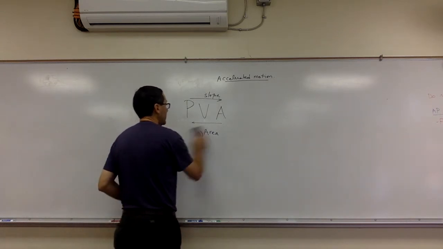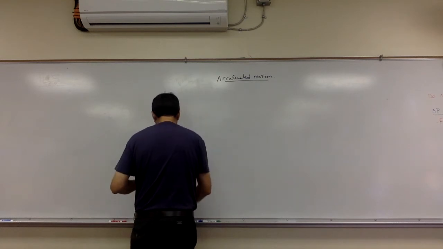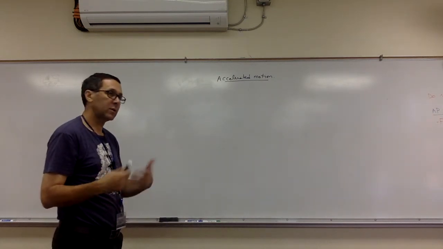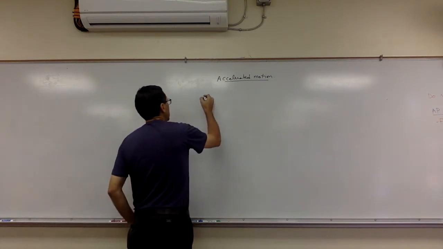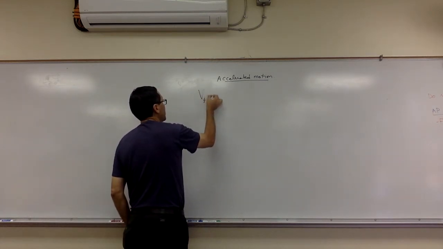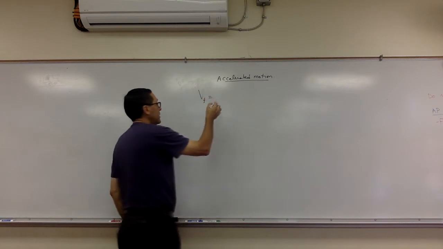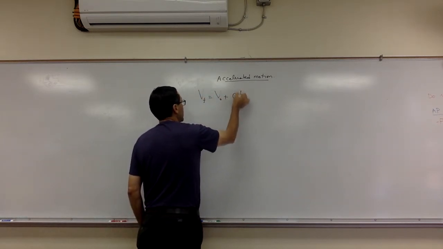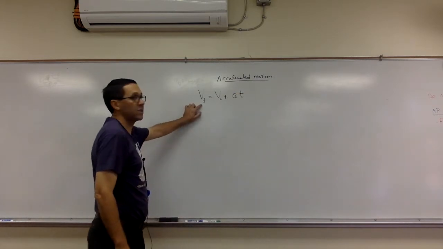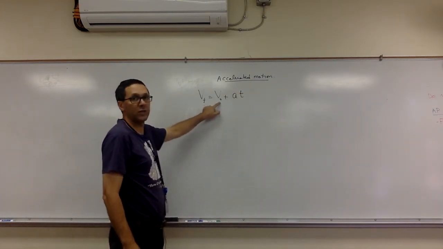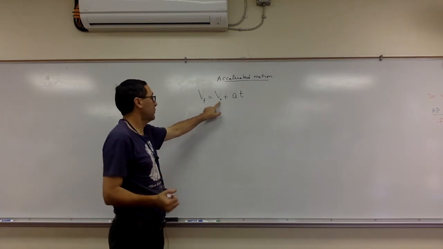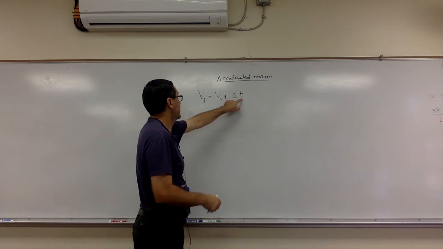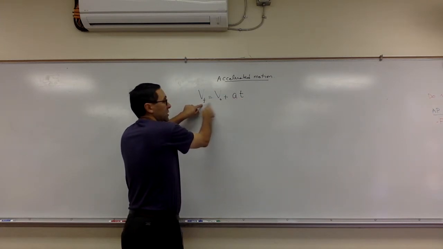Okay. Now I'm going to write the formulas for accelerated motion. I'll explain every term and we'll do the problems in class. So if you want to find the speed after a certain amount of time, VF stands for final velocity. VO stands for initial velocity, meaning like when the clock starts, O for 0. A is acceleration and T is the time it takes to go between these two speeds.